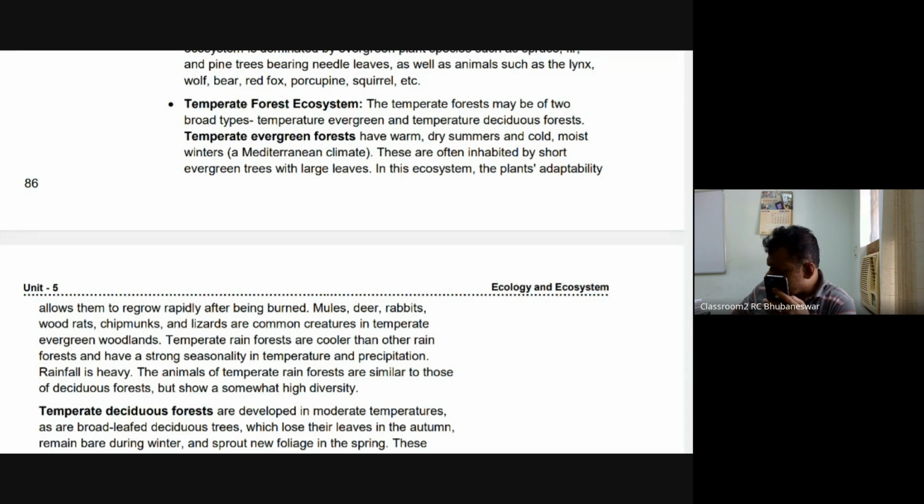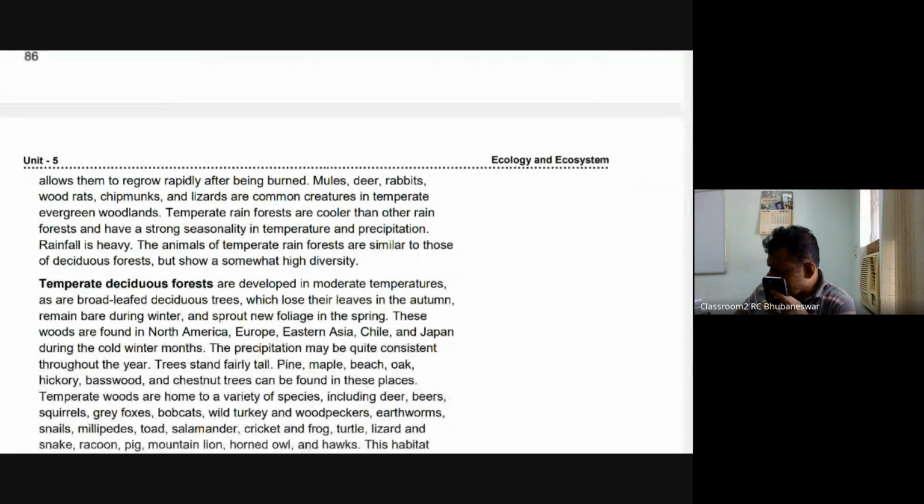It receives a high amount of precipitation, not throughout the year, but mostly during the moist winter months. The temperate regions mostly receive rainfall or precipitation during this time, because of different cyclonic disturbances, while the tropical regions mostly receive rainfall during the moist summer months.